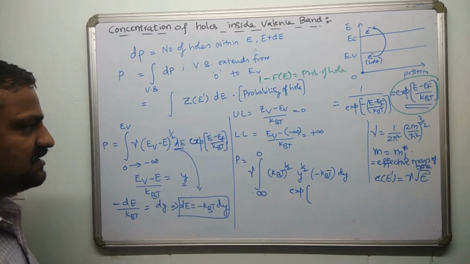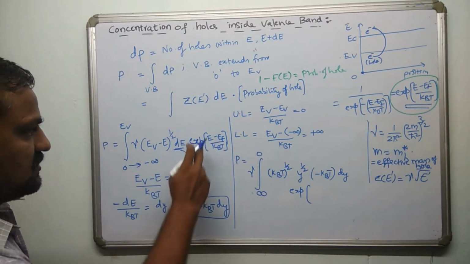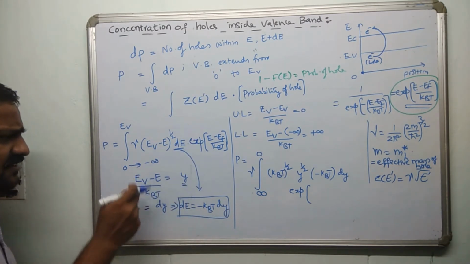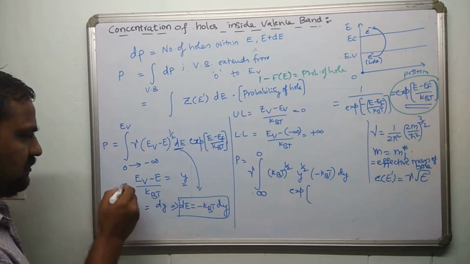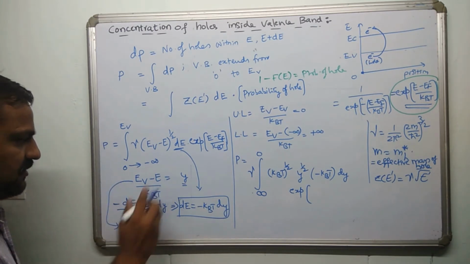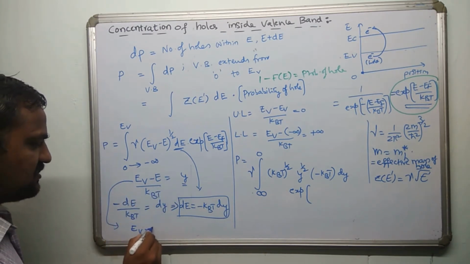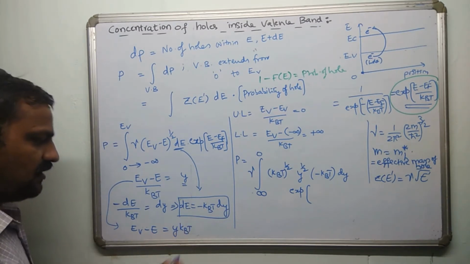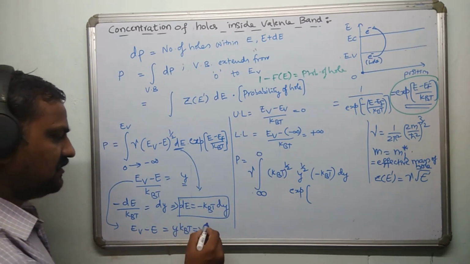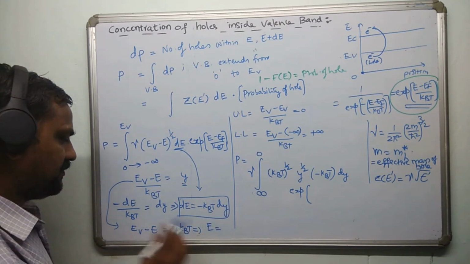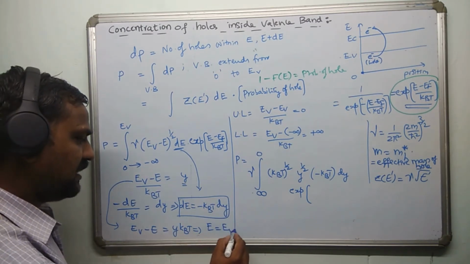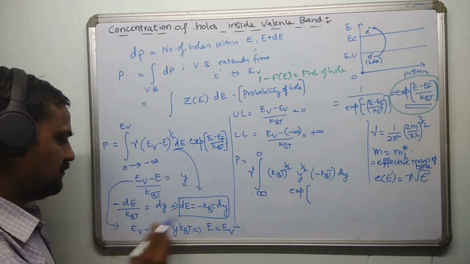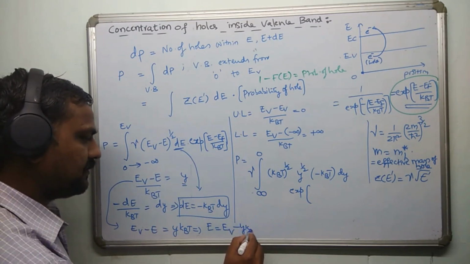In place of E minus EF, as I know, EV minus E is going to be y kBT, or if you want, E is going to be EV minus y kBT.